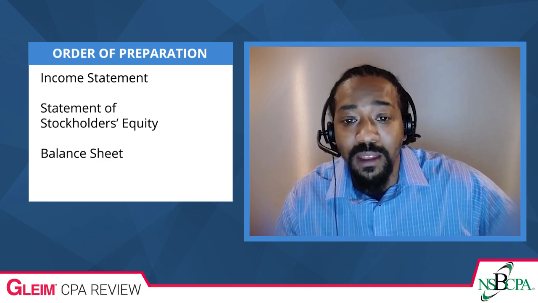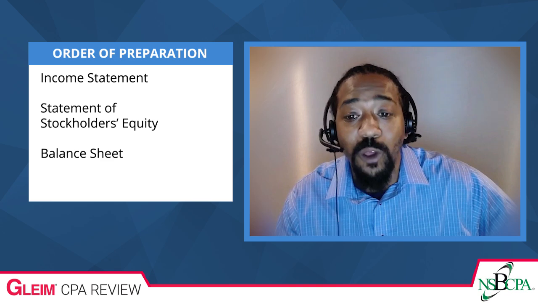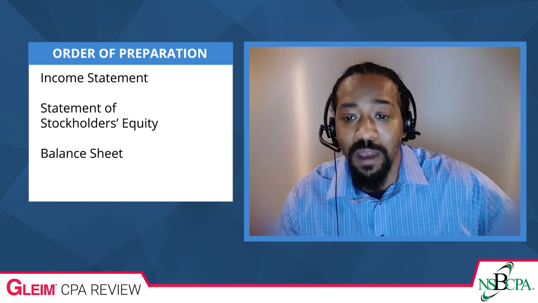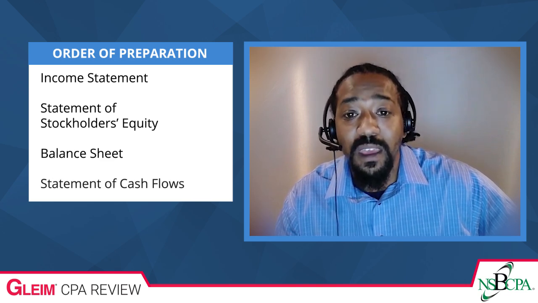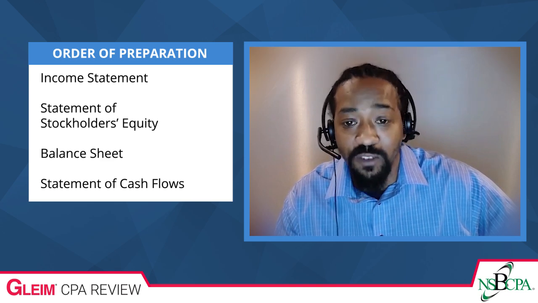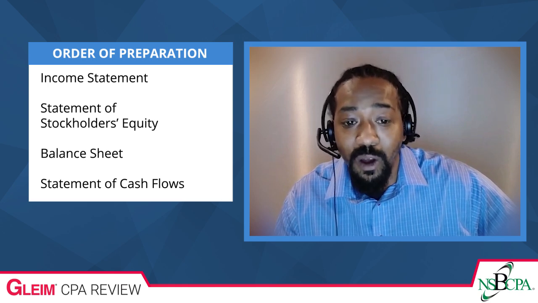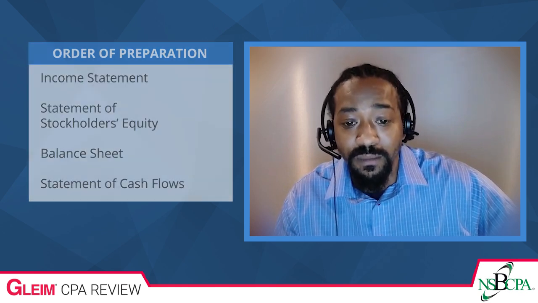The ending balance of the equity from the statement of stockholders' equity are the balances reported on the balance sheet. The fourth and final statement is the statement of cash flows. To prepare this statement, you need the other three statements along with some other data.